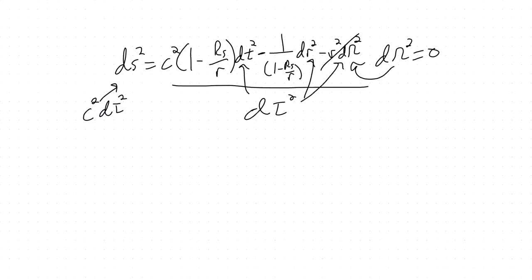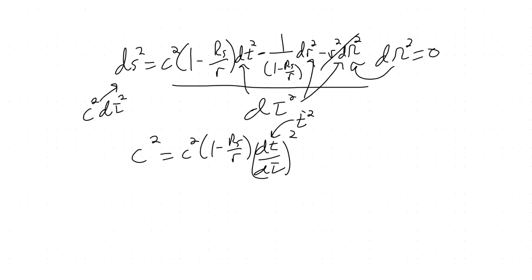So what this really says is that the speed of light squared equals c squared (1 minus rs over r) dt d tau squared, which becomes t dot squared, minus 1 over (1 minus rs over r) dr d tau squared, which is r dot squared.